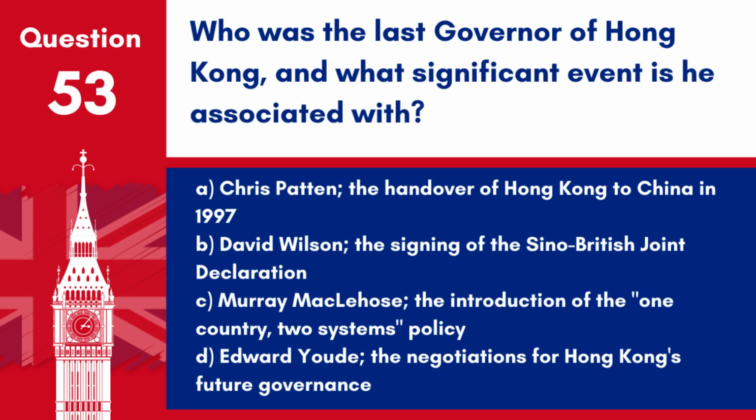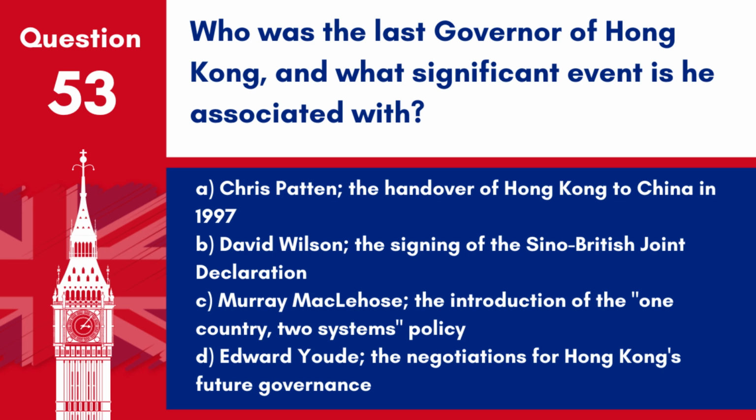Question 53. Who was the last governor of Hong Kong, and what significant event is he associated with? A. Chris Patten, the handover of Hong Kong to China in 1997. B. David Wilson, the signing of the Sino-British Joint Declaration. C. Murray MacLehose, the introduction of the One Country, Two Systems policy.